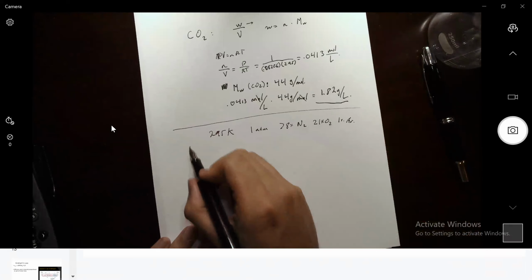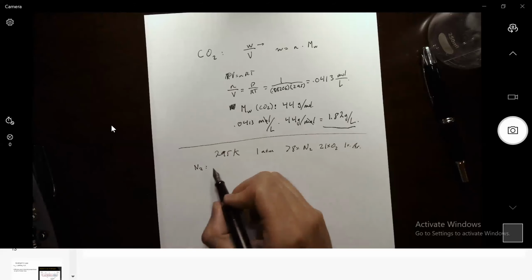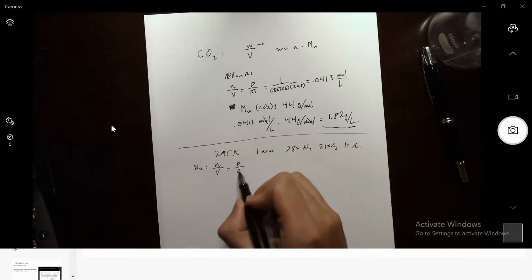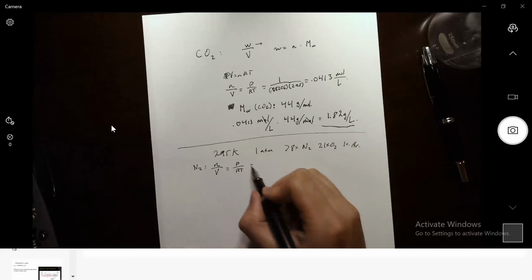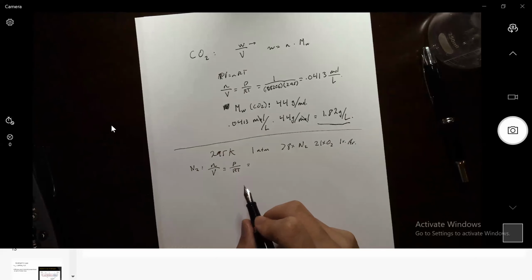Let's find nitrogen first, and then we can just add all of them together, okay? Can someone tell me what the partial pressure of nitrogen is? Remember, all you need to do is multiply the mole fraction by the total pressure.